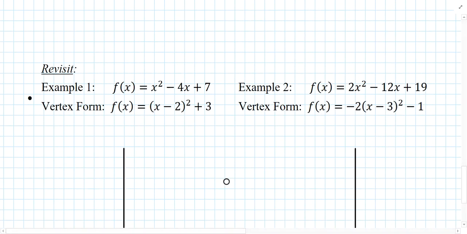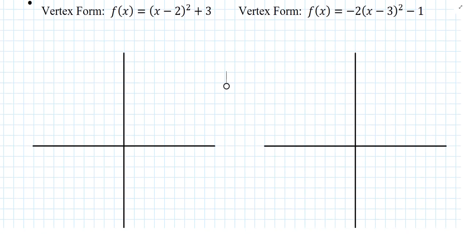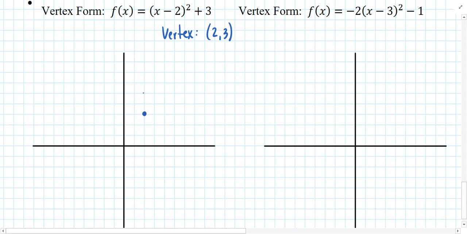In example 1, we should note that the vertex of the parabola is located at 2, 3. And with an a value of 1, the parabola is the same shape as the parent graph and opens up.